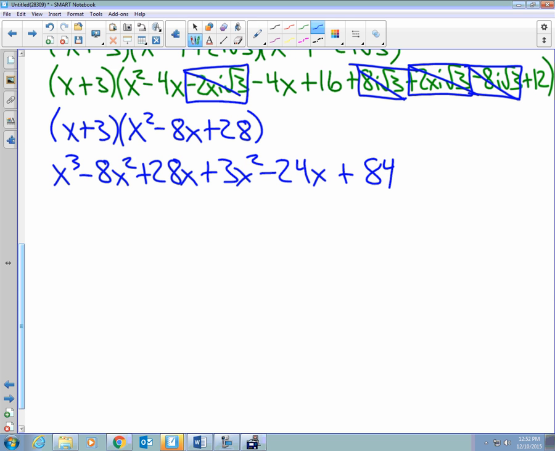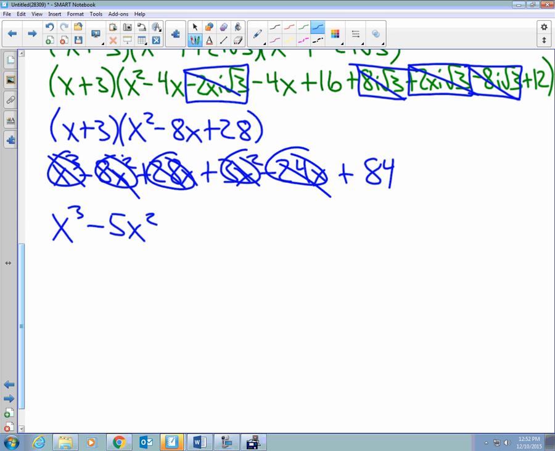Reminds me of Randy Moss. x cubed. We have a negative 8x squared, a positive 3x squared, make minus 5x squared. 28x and negative 24x make 4x. And then Randy Moss.